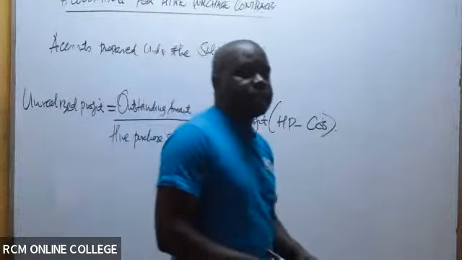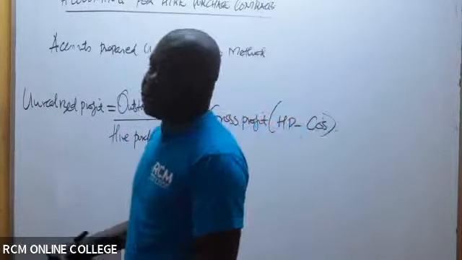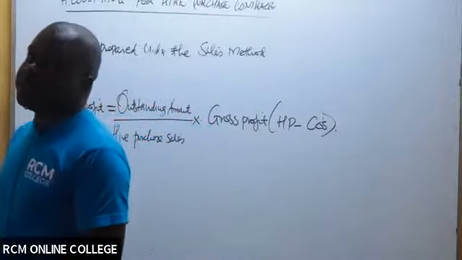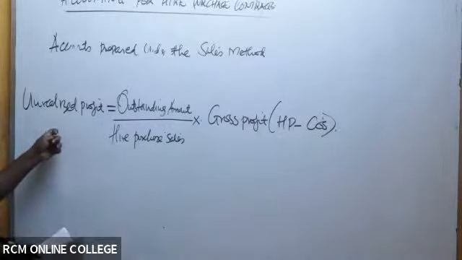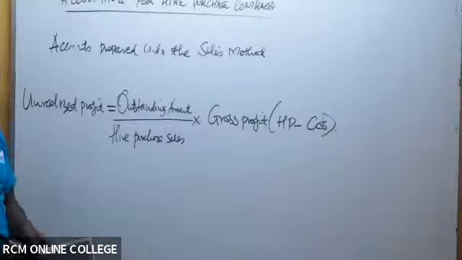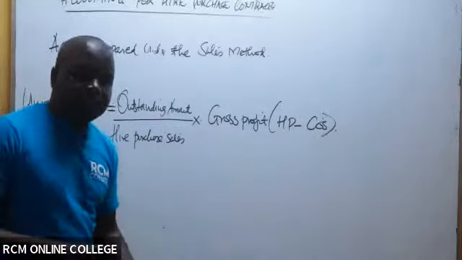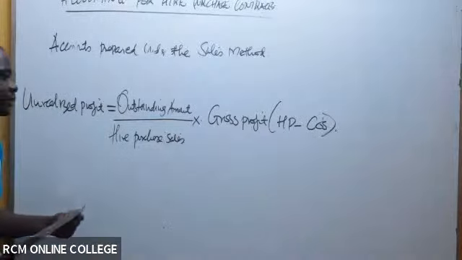Unrealized profit. And of course, if you never realize that profit, it becomes a loss in your books of accounts. And therefore, when you are coming up with the income statement, hii unrealized profit hii, huko kwa income statement, tutaitoa, itakuwa inapunguza our overall profits. Remember in this case, tuliuzia tu hiyo sofa set moja. Na huyo client, akatu-let down.